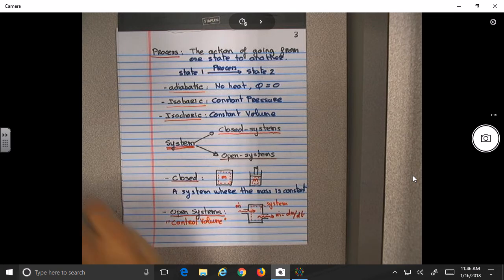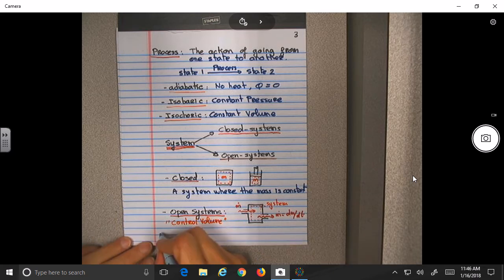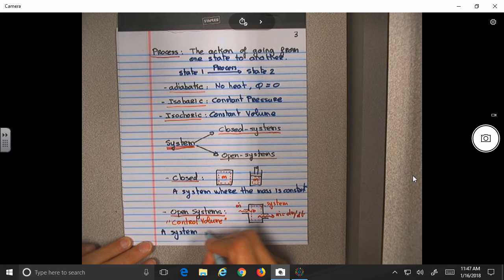All right, so a definition for this one, what could be a definition then for open system? What could be a simple definition? Whatever you want to tell me. Okay, a system with, let's say, flowing mass.